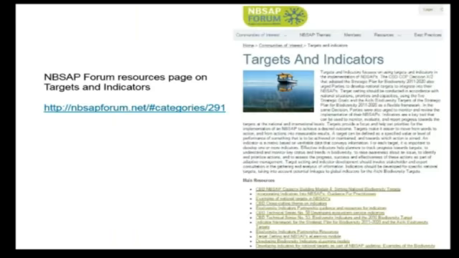I'd also like to highlight for you that there's a whole package of resources on this subject of targets and indicators on the NBSAP forum website. This is the link to it, a picture of those guidance materials, e-learning and resources, and also where you can start discussion threads on this subject.